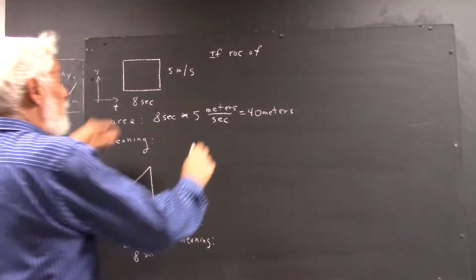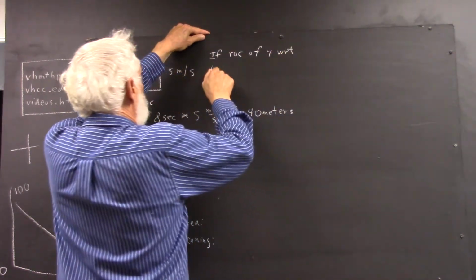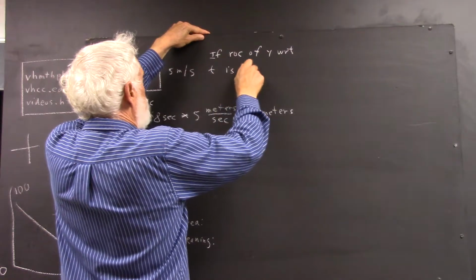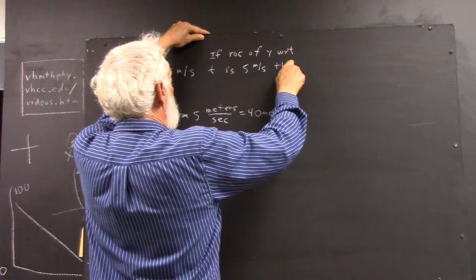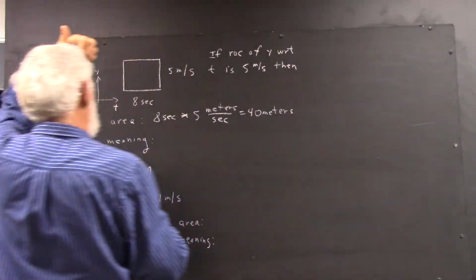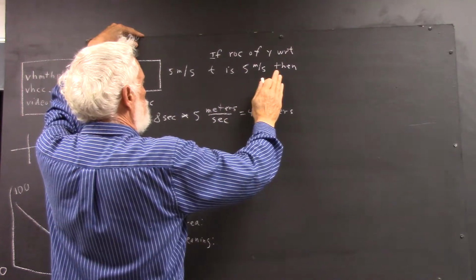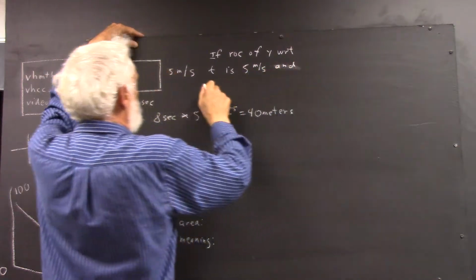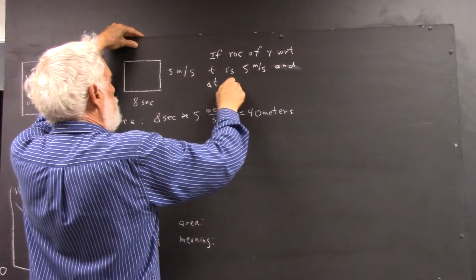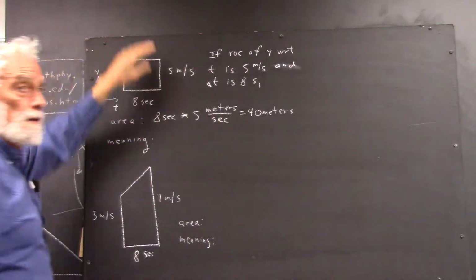So if the rate of change of y with respect to t is 5 meters per second, and delta t is 8 seconds, right?